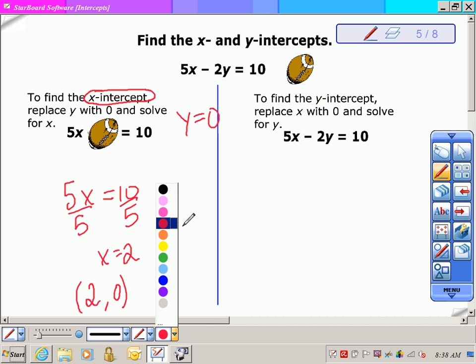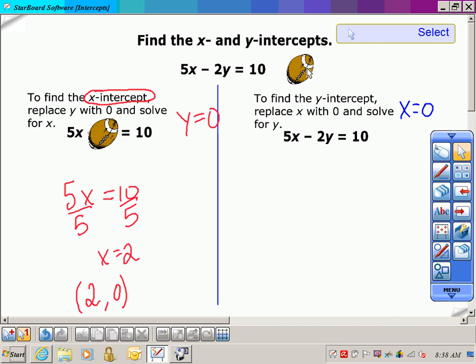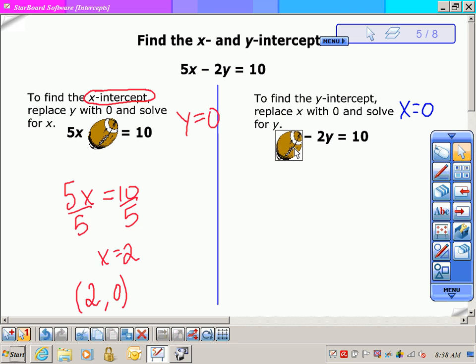Now, for the y-intercept, what do we know? X is 0. So if I do 5 times 0, what's that going to do? Cancel. So really, I could cover that up. This is called the cover-up method. As long as it's in standard form, you can use this.